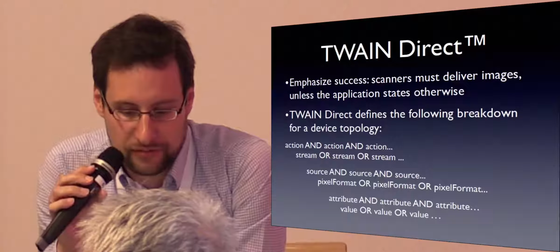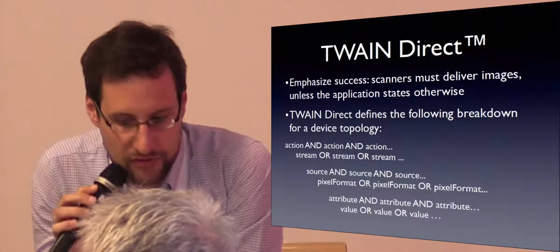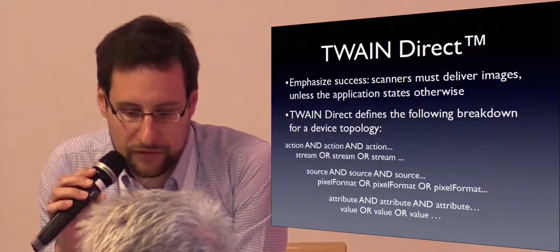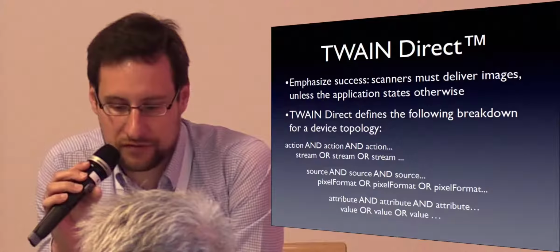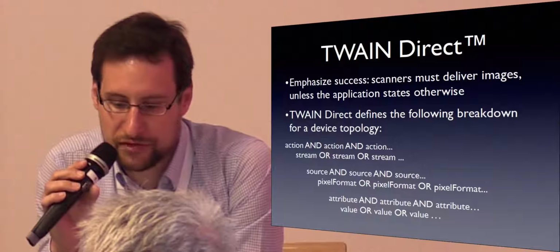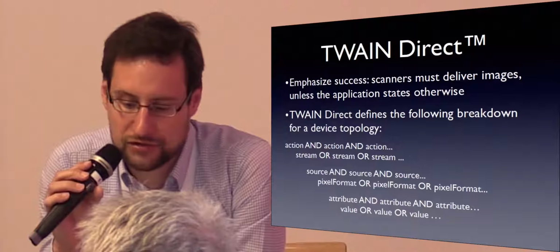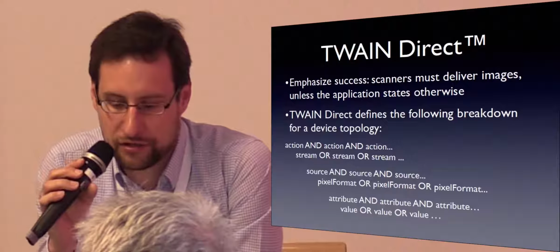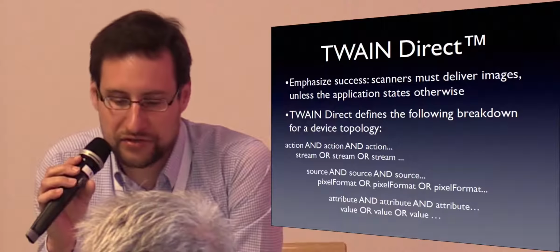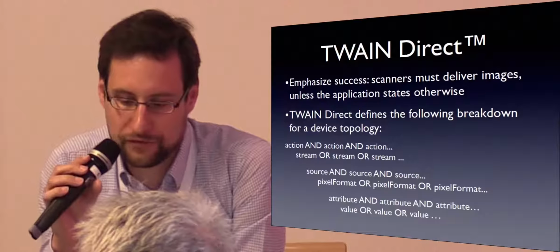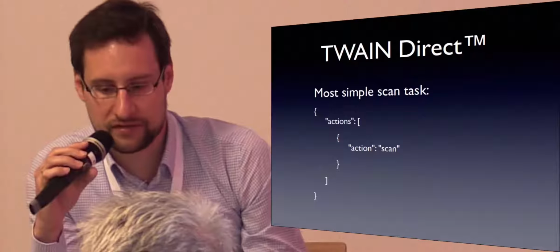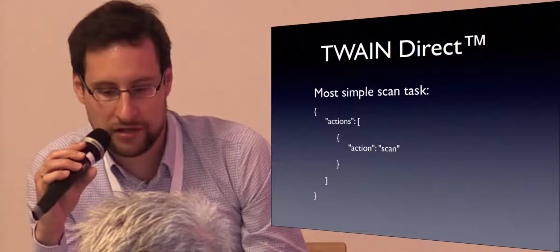I have here a small example of how this looks in JavaScript Object Notation. You have an action like configure and scan. You define an image stream with the resolution, the source like flatbed and ADF, pixel format like gray or color, and various other attributes that you may want to define. This already looks much simpler than the classic TWAIN that you are used to working with right now.